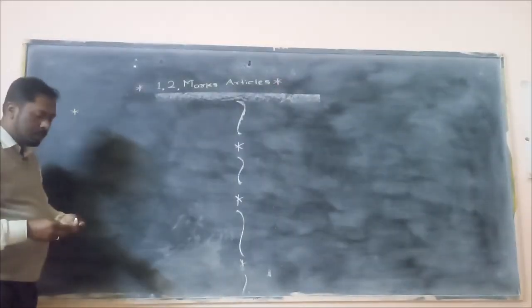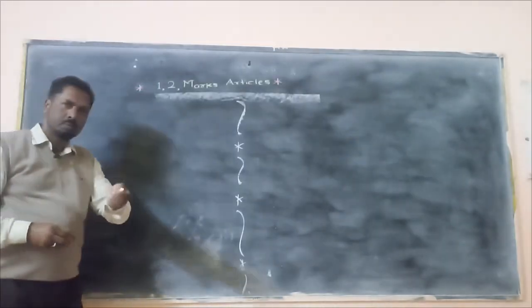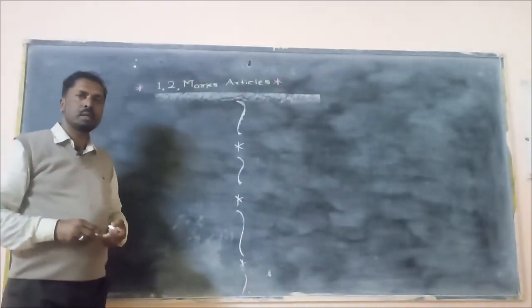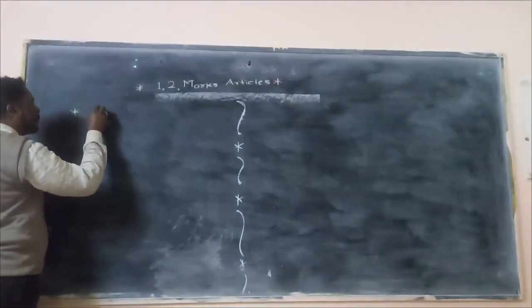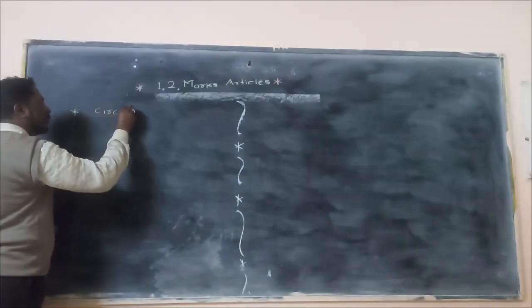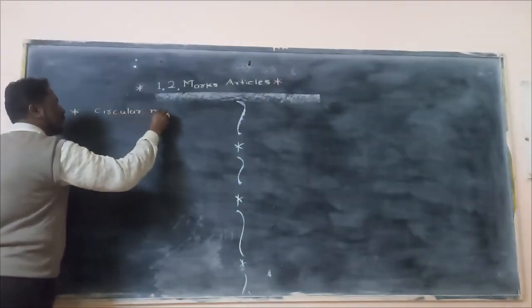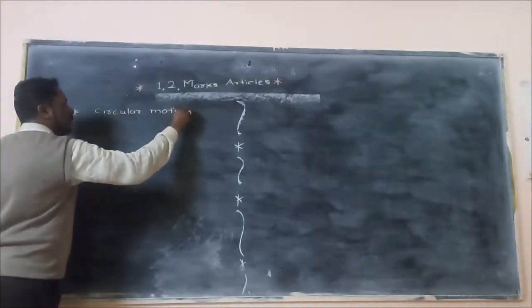The very first article from the first chapter, rotational dynamics, is named circular motion.